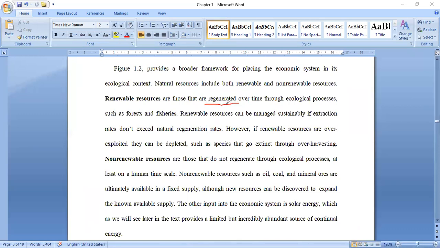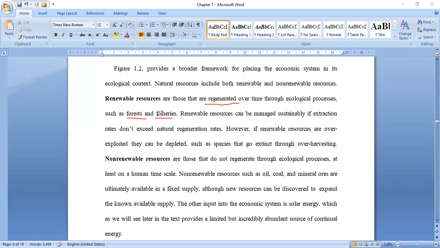Regeneration means they can be replenished. For example, forests, fisheries. If you cut a tree, we know that it can regenerate, isn't it? You can still plant this tree, or even these trees will grow by themselves, right? We shall see vegetation growing by itself. It means that it can be replenished.